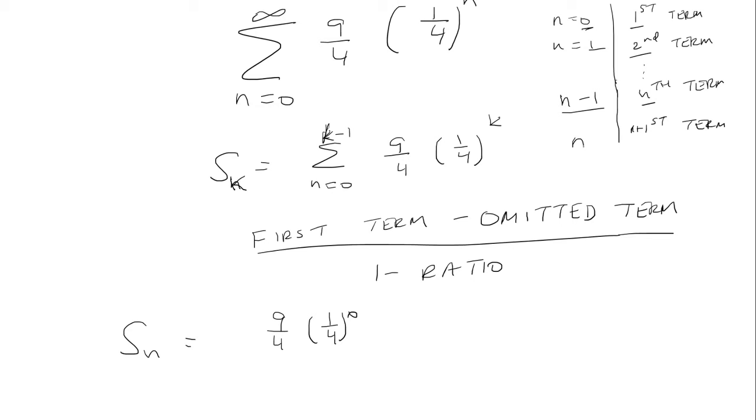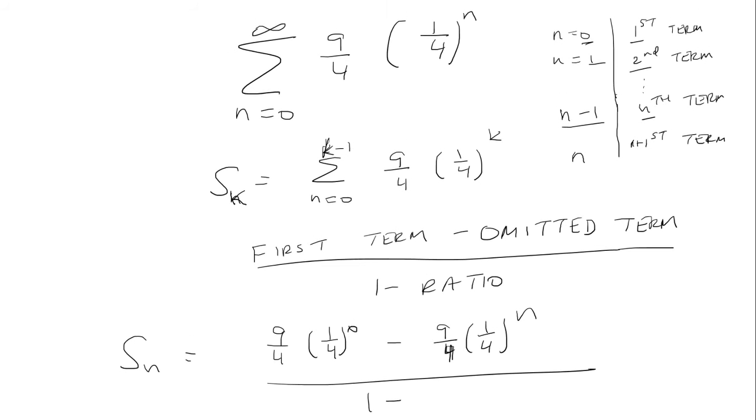That will be plugging in n to our formula. And the ratio is whatever is inside the parentheses, which in this case is 1 over 4.